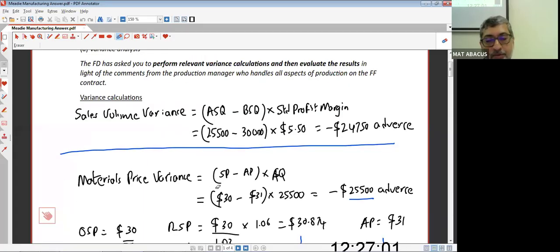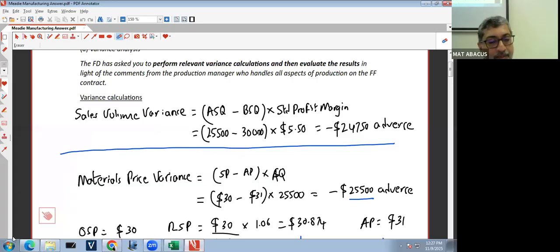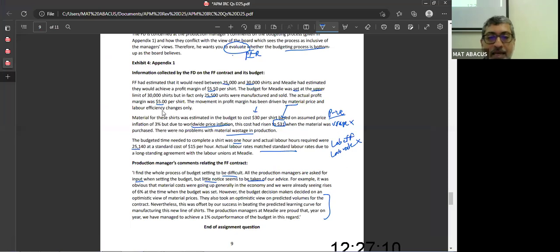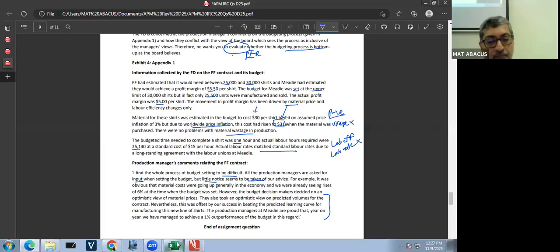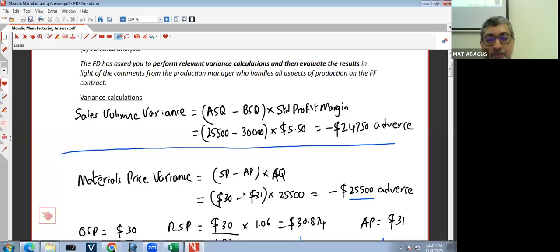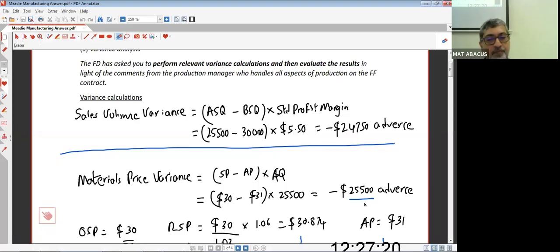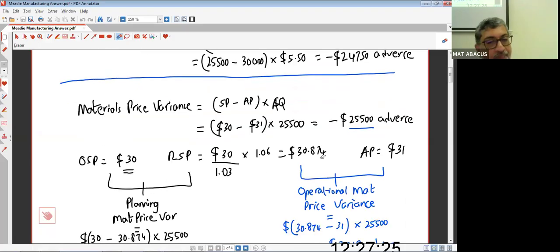We were expecting to pay a standard price of $30, but the actual price had risen to $31. So 30 minus 31, times 25,500. Now, that is a total variance.